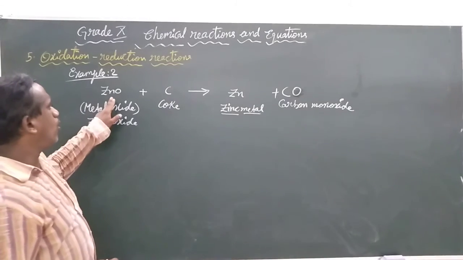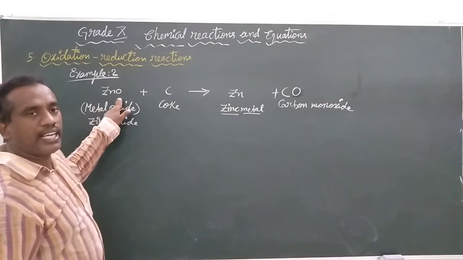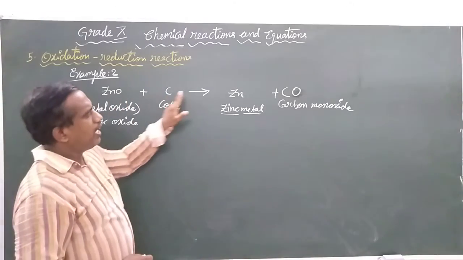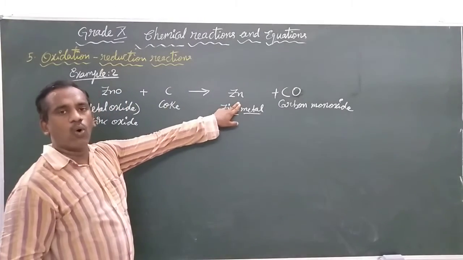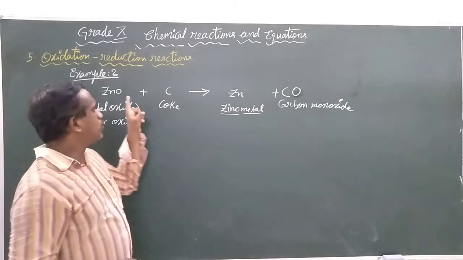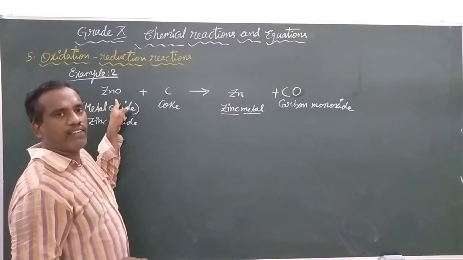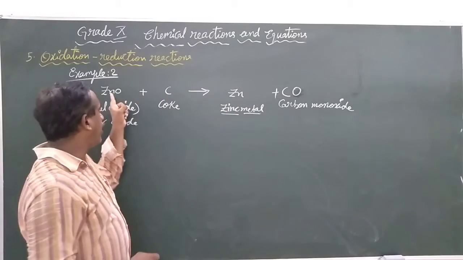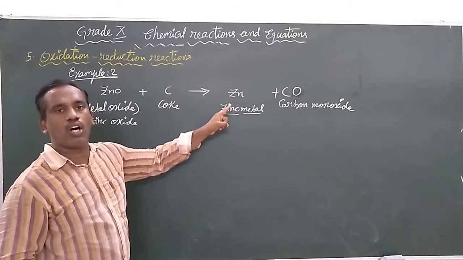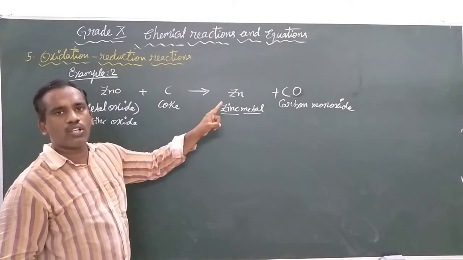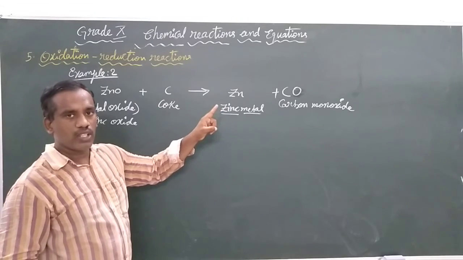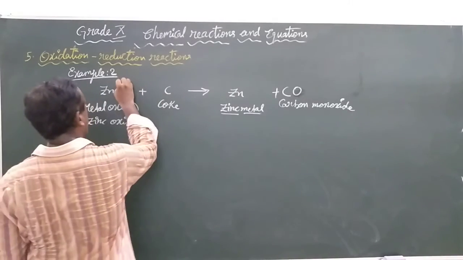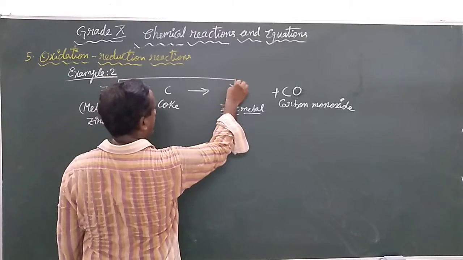Can you observe the reactant zinc oxide on the left hand side, whereas on the product side only the zinc? So the reactant zinc oxide, when compared with the product, what happened to it? Oxygen was lost. Loss of oxygen is called reduction.